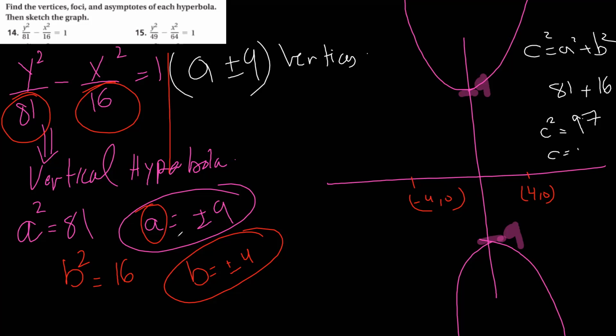So c is the square root of 97, which is about 9.3. So it's greater than 9, so yes, my solving is correct. So now the foci are 0, positive or negative 9.3.